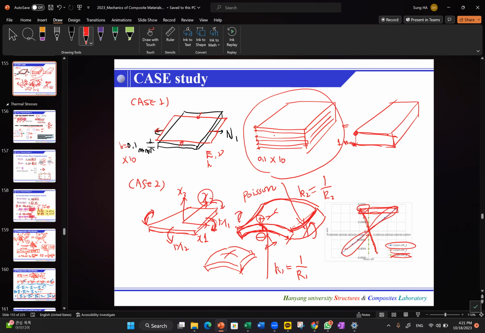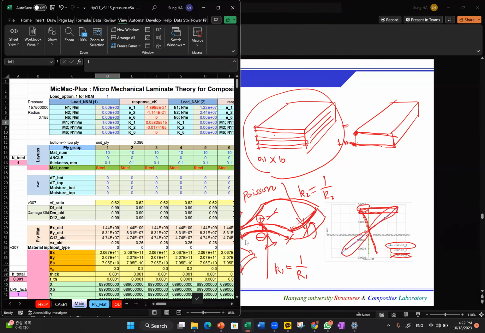So let's consider this is case 3. Case 3 is M1 and M2 equal, non-zero. This is only M1 we apply, and this is only N1 we apply. So case 3, how can we predict such a deformation?